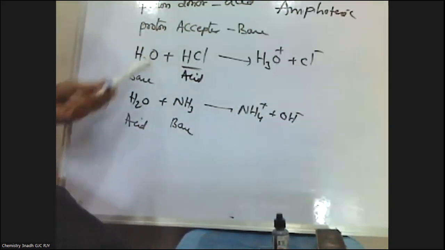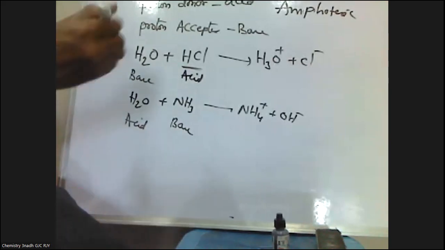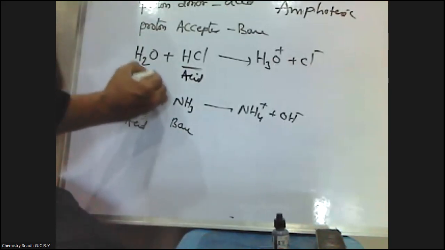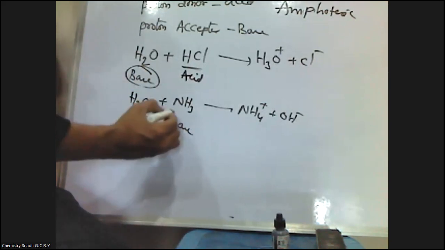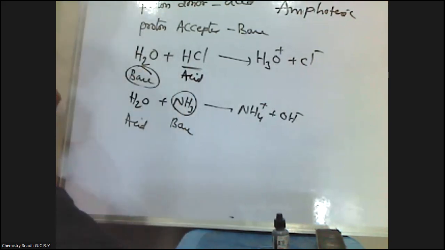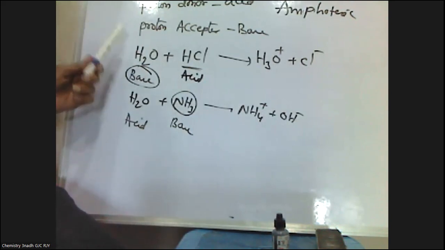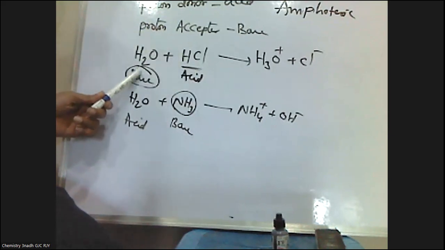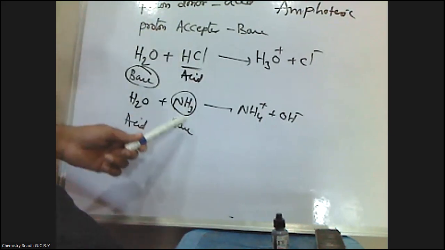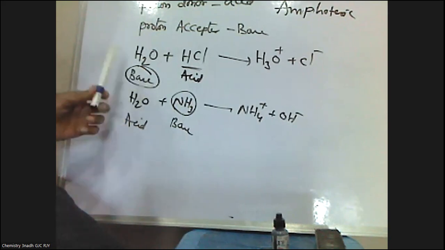So in these two examples, what we can observe is when water is interacting with HCl, it is acting as a base. When water is interacting with ammonia, it is acting as an acid. So what we can conclude is when water is interacting with acids, it is behaving like a base, and when it is interacting with bases, it is behaving like an acid.